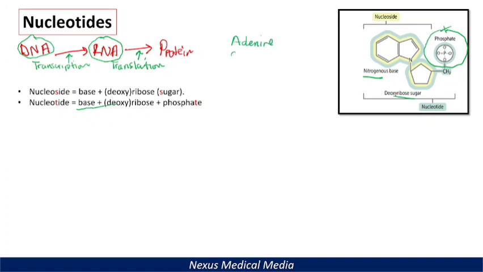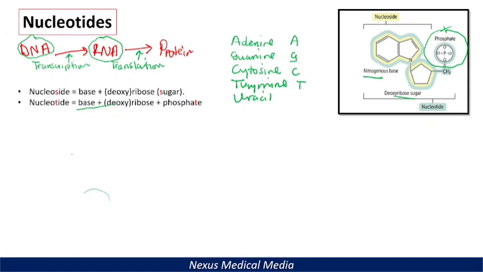Next, guanine, cytosine, thymine, not thiamine, thymine, and uracil. Right, so these are represented by an A, G, C, T, and the next one, uracil.